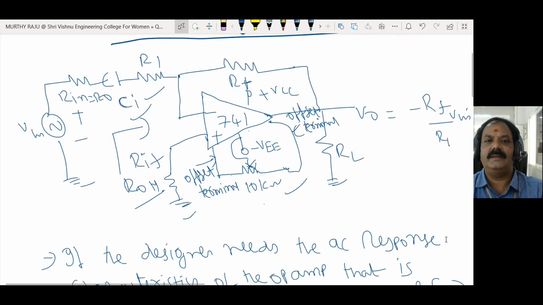Here V in, Rin is equal to R0, coupling capacitor CA. RIF is approximately equal to R1. Some RF is also there from this point to this point.